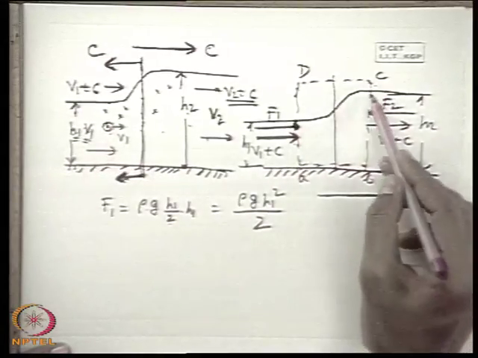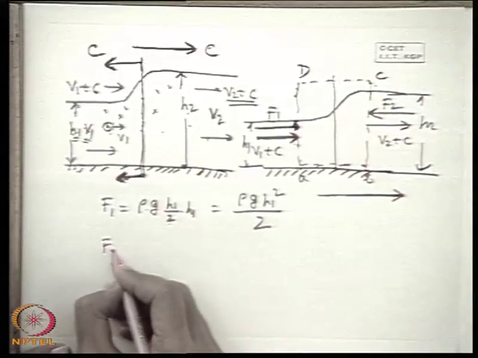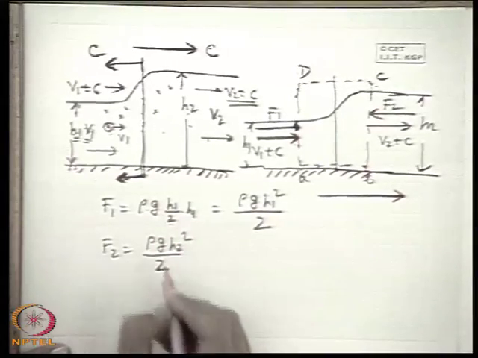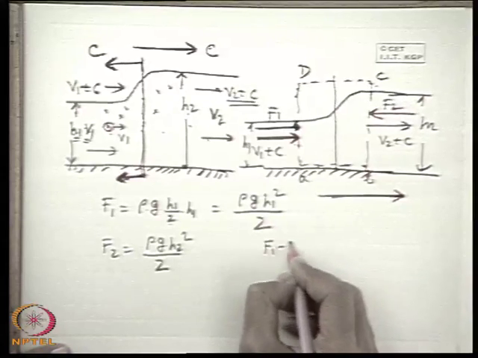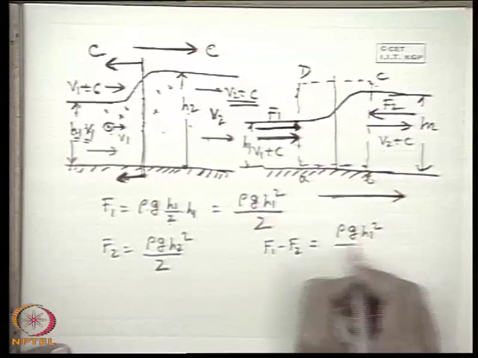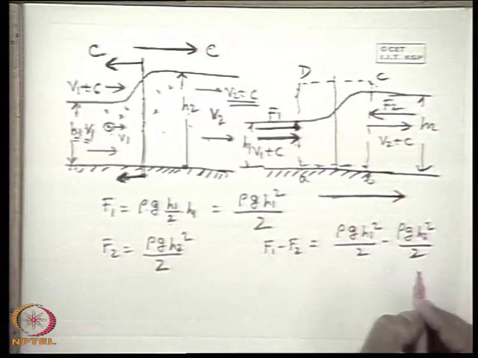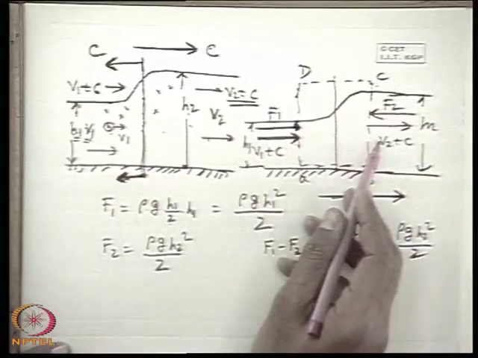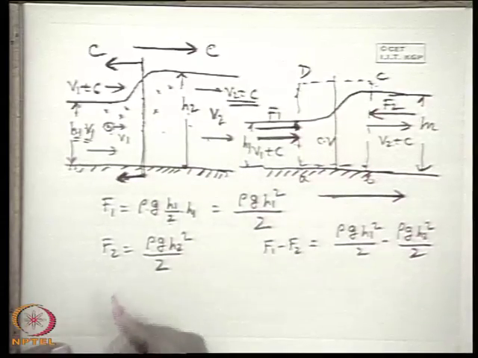Similarly, F2 is the hydrostatic pressure force in this part of the liquid, which is equal to rho g h2 square by 2. Therefore, the net force acting in this direction will be F1 minus F2, equal to rho g h1 square by 2 minus rho g h2 square by 2. Now, what is the change in momentum, or momentum efflux, for a control volume? The statement will be net rate of momentum efflux in this direction.